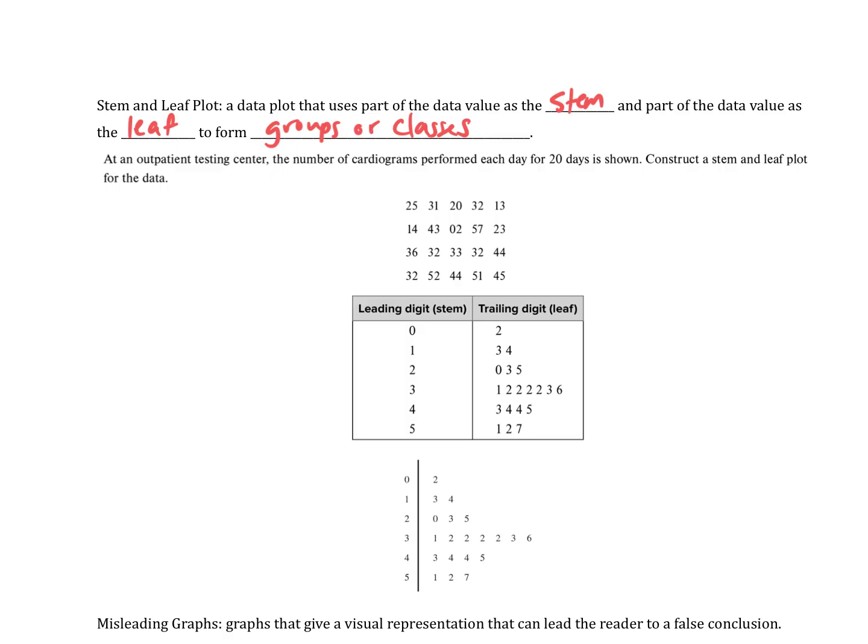But what this is doing is it takes your data here. The tens digit is your stem, and then you list the ones, and you make sure if they repeat that you list all of them in the leaf area. So I can look at this and say 2 is a number. I can say 32 occurred 1, 2, 3, 4 times.